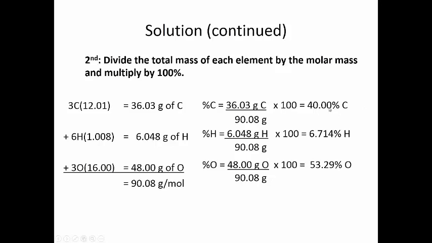Same thing for hydrogen. Take its total mass of hydrogen divided by the molar mass times 100% to get 6.7%. And then oxygen, we take the total mass of oxygen divided by the molar mass times 100% to get about 53.29%.